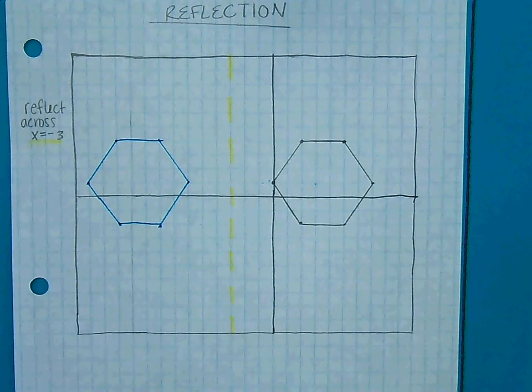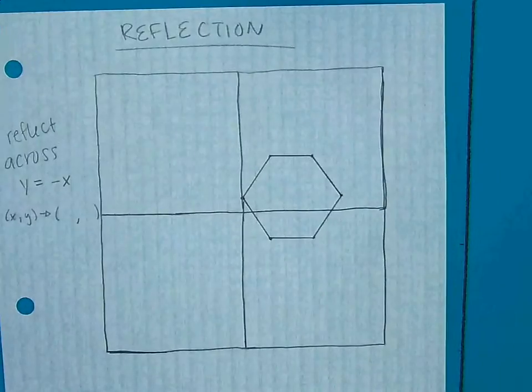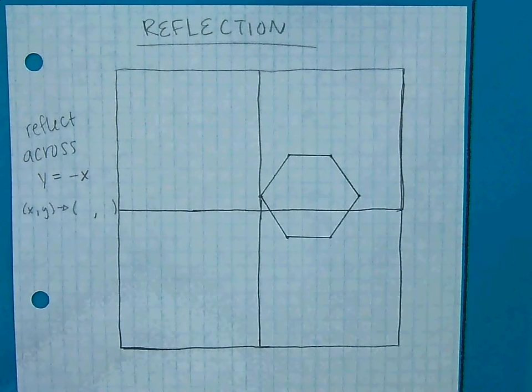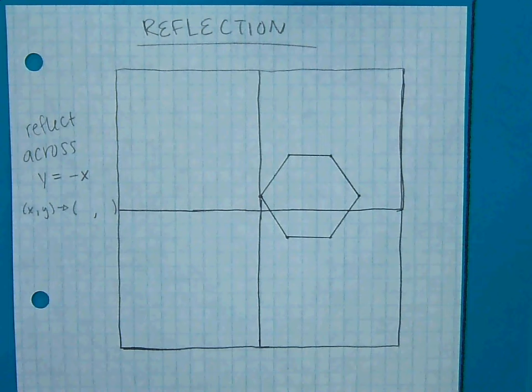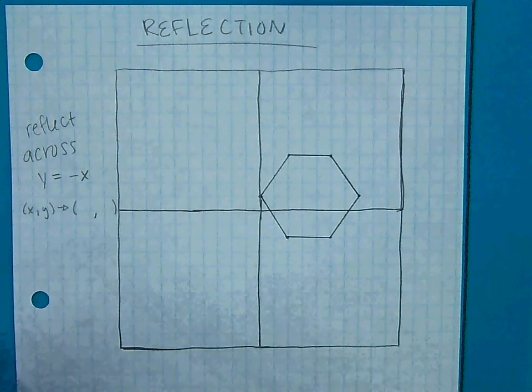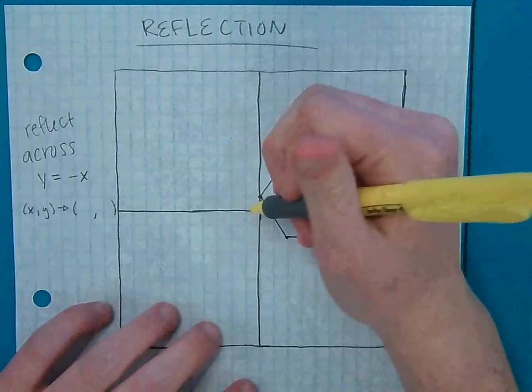Alright? So now we're going to do one more reflection. This one's going to be a little trickier. This reflection, we're going to do the same hexagon, but we're going to reflect it over y equals negative x. Now, you did y equals x in class. So, like I did in the last one, I'm going to draw the line that I'm reflecting across, again in a highlighter, just to be a different color.